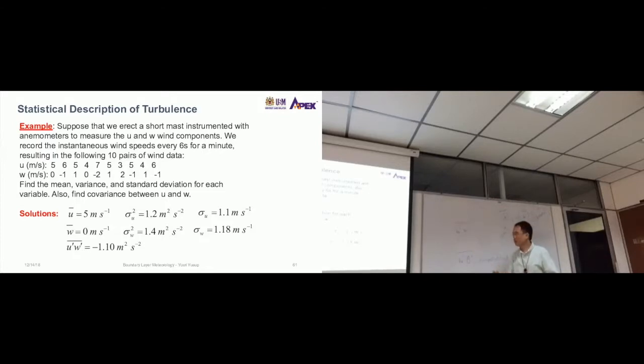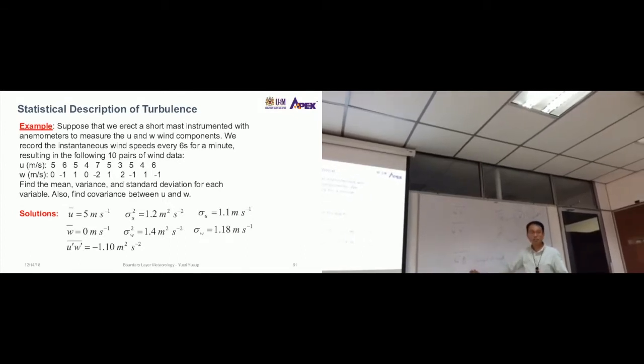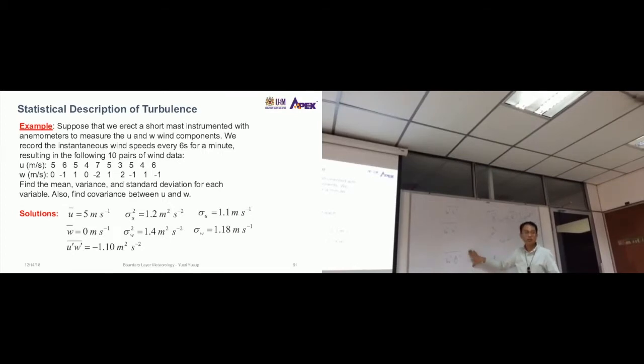Transport of humidity is W, Q prime. Transport of concentration is W, C prime. So this is mass transport, also heat transport, momentum transport.